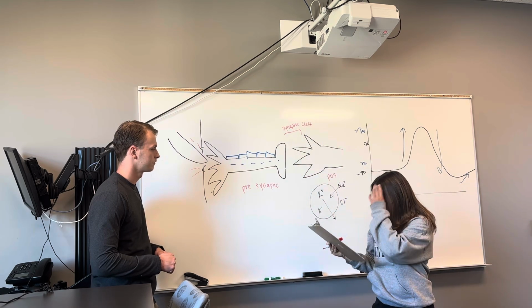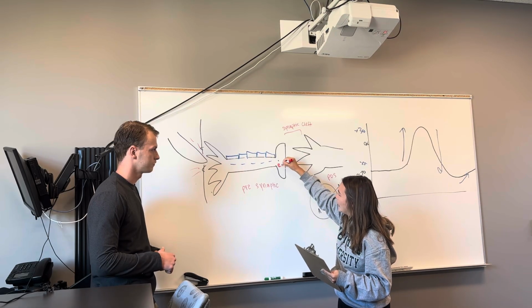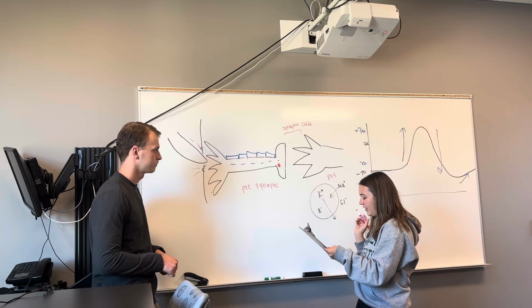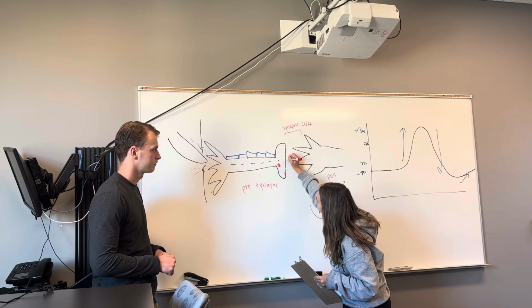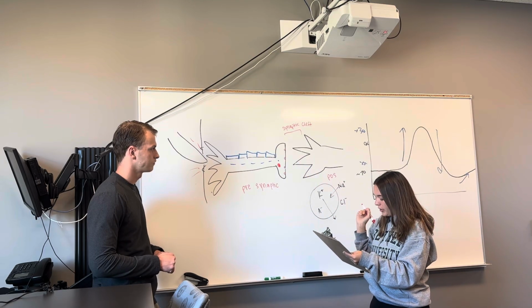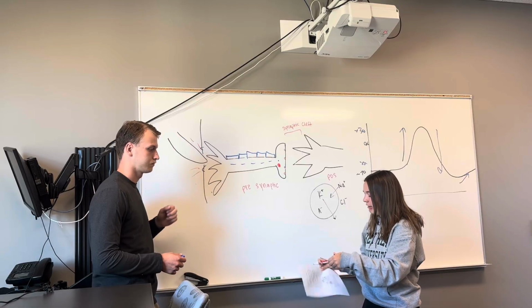All right, so basically the action potential arrives at this terminal axon right here, or axon terminal, and then there's calcium channels kind of on the end here, and these are opened, which allows calcium to enter into the cell.